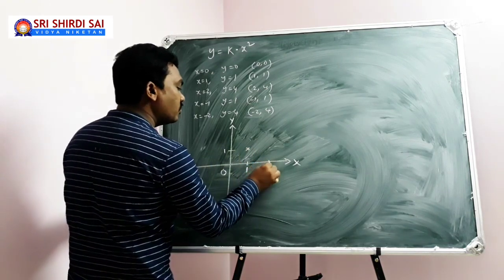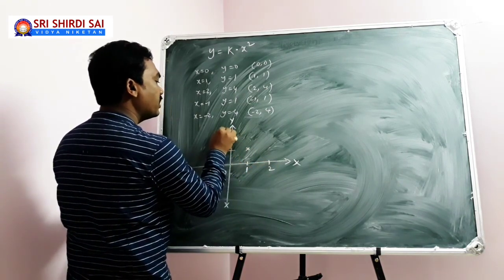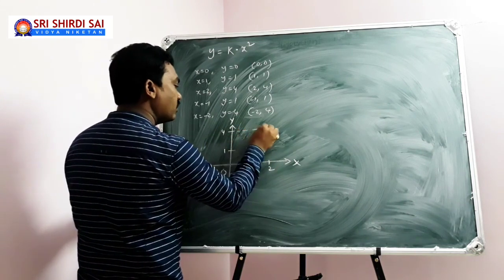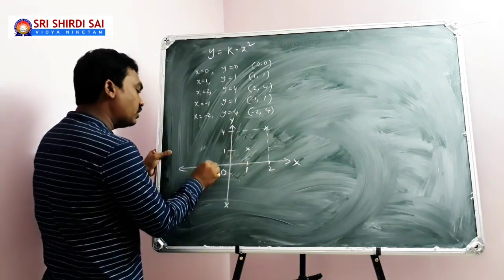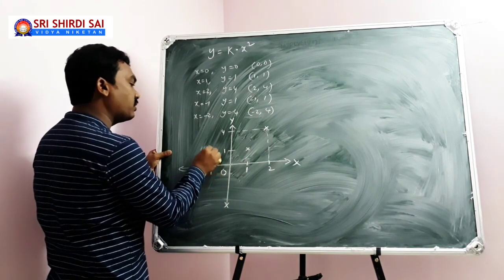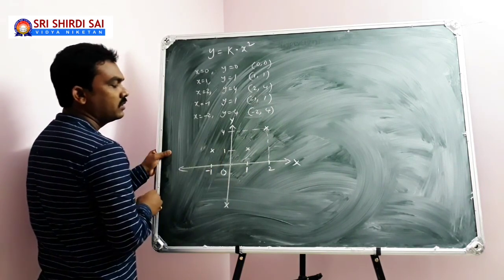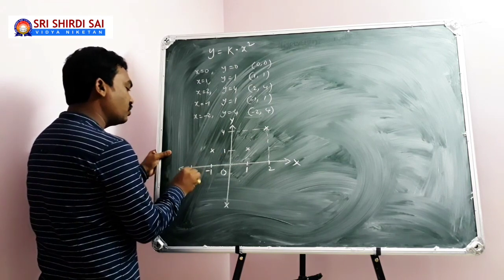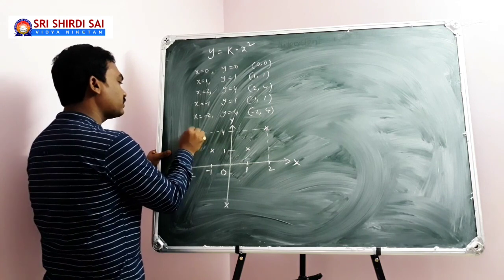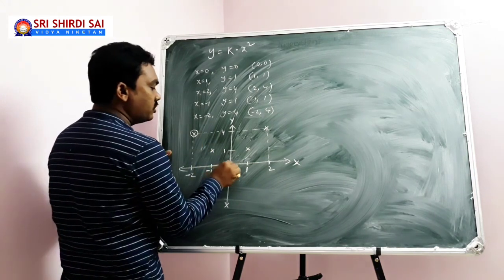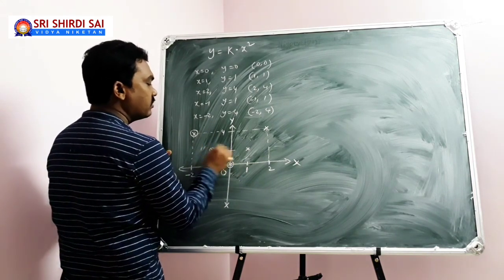X equal to 2, y equal to 4 here. X equal to minus 1, y equal to plus 1 means here. X equal to minus 2, then y equal to plus 4 means here. X equal to 0, y equal to 0.